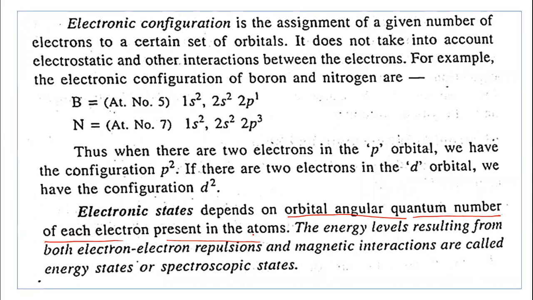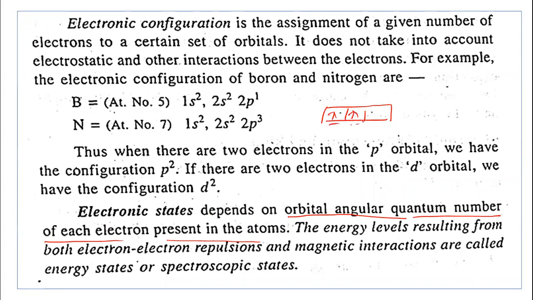The energy levels we are going to derive for that electron result from electron-electron repulsion. Now in the p orbital there are 2 electrons, the p2 configuration.